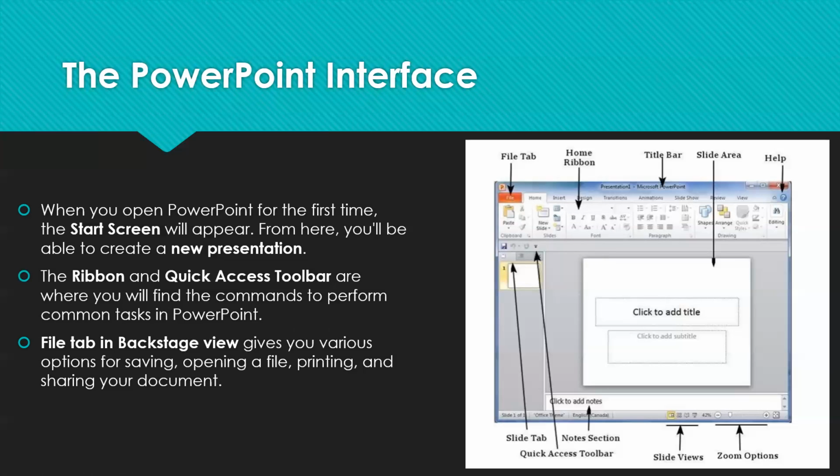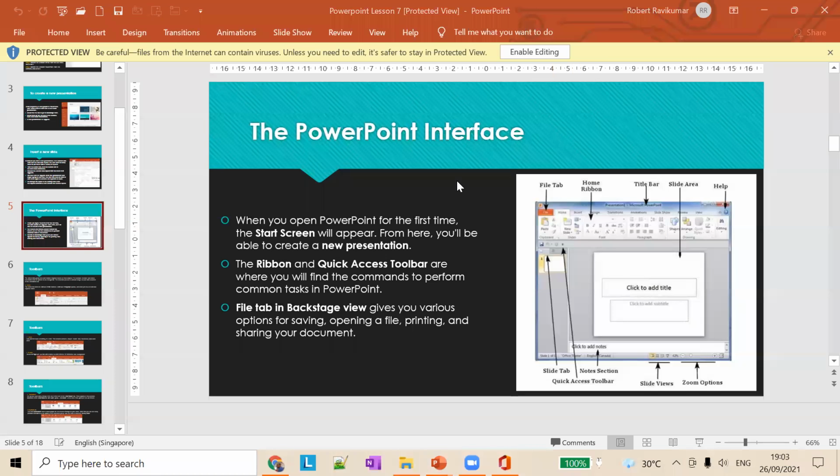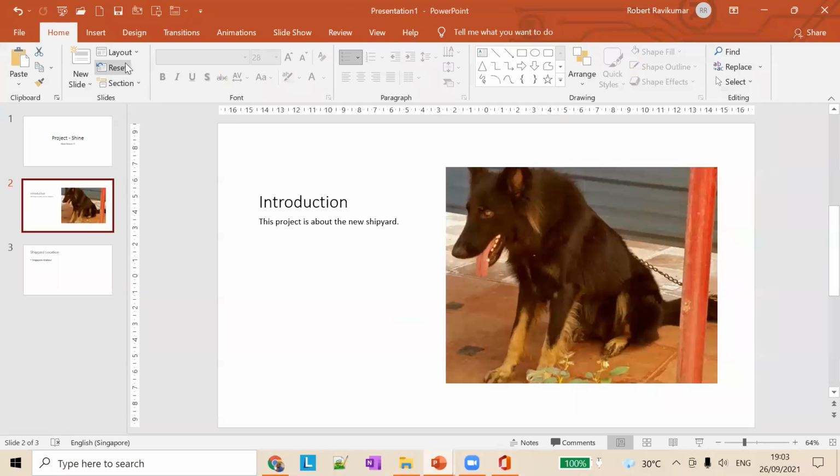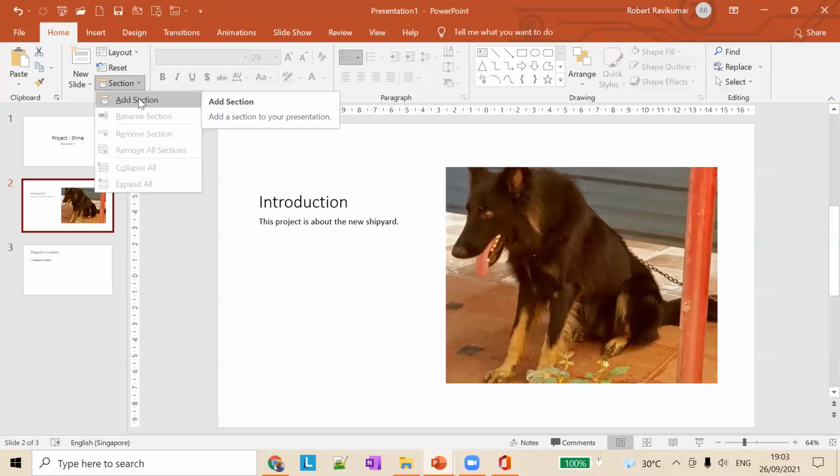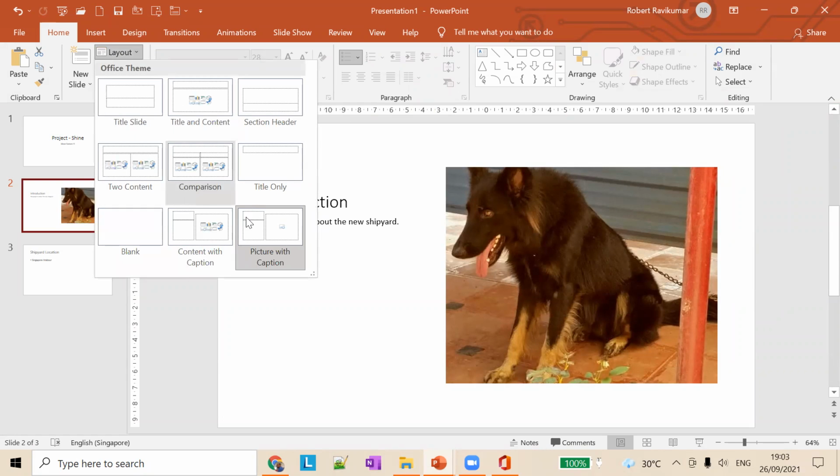Ribbons are nothing but a collection of related tasks. All things related to creating a new slide will be part of this particular slide ribbon. Under this, we have a new slide section, and if you go and see here, you will have different sections. How to add sections to a layout and all those related tasks, different layouts you can choose.